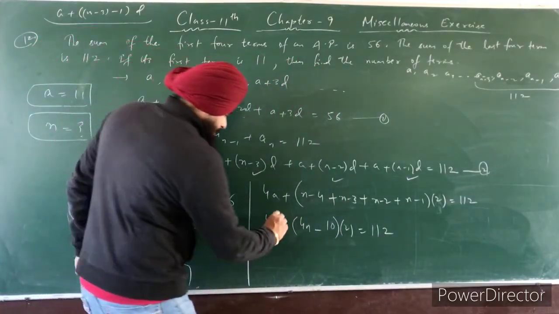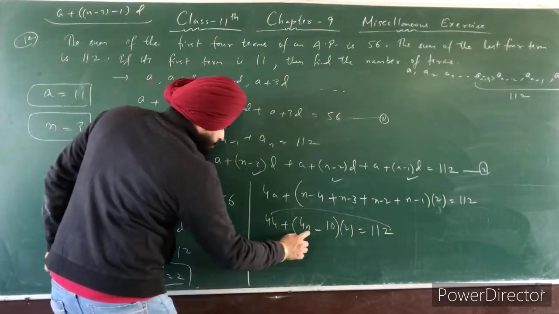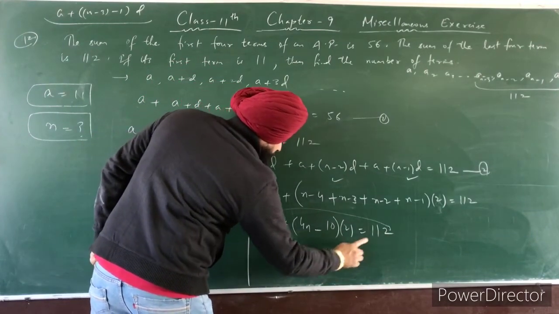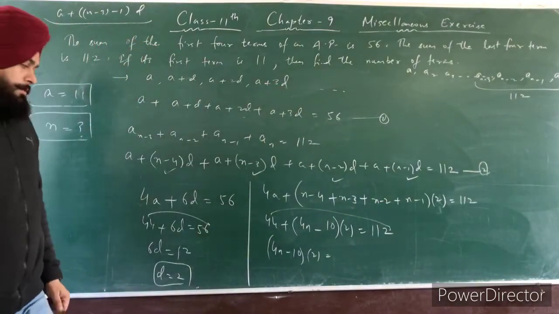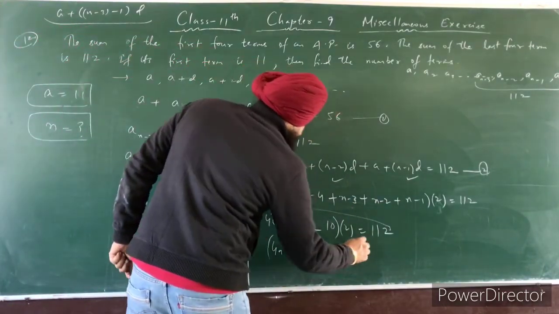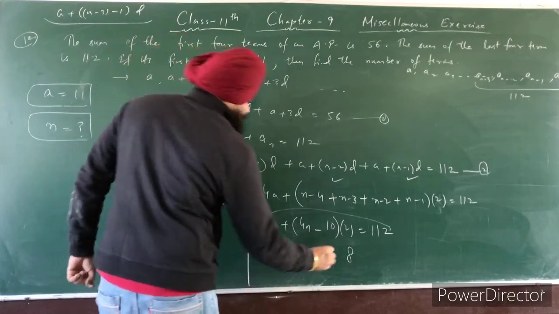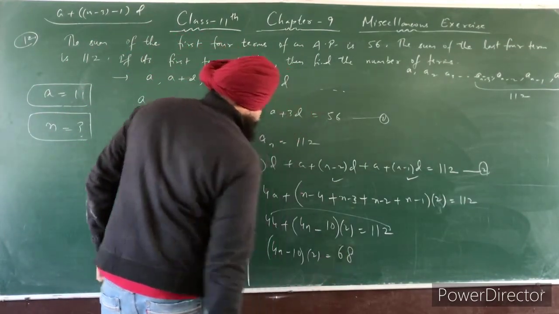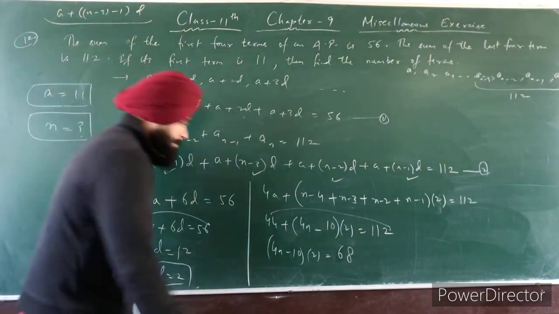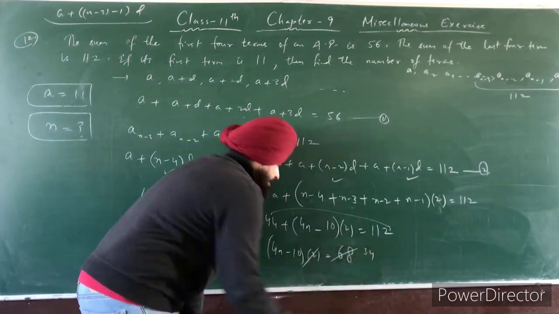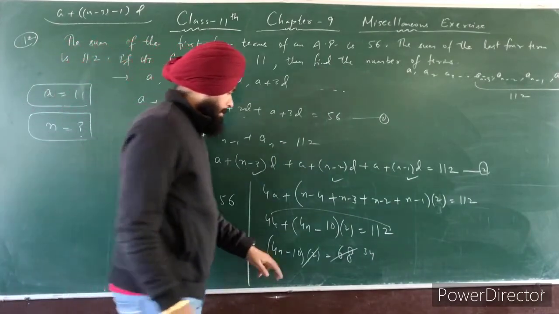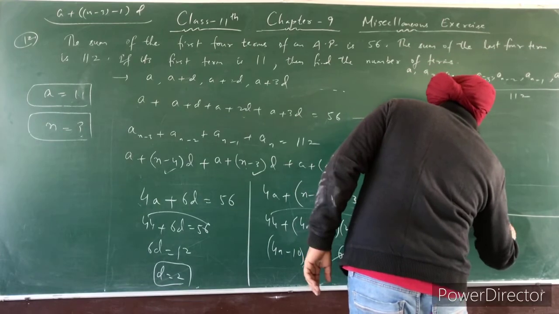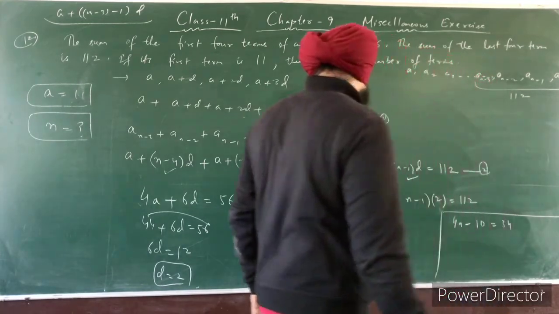Now take this 44 on the other side. 4N minus 10 into 2 is 112 minus 44. How much? 12 minus 4, sorry, 12 minus 4 is 8. It is 68. Now 2 34s are 68, or 4N minus 10 is equal to 34.